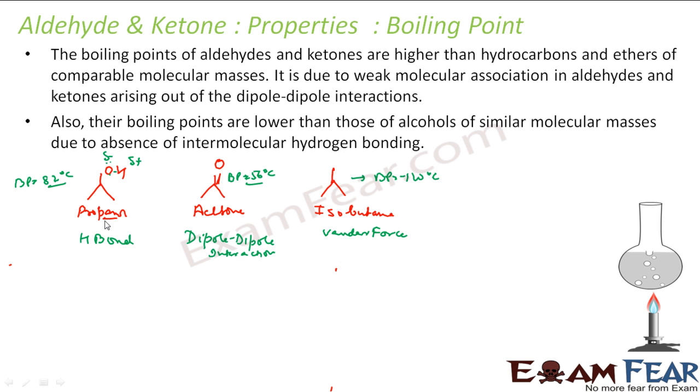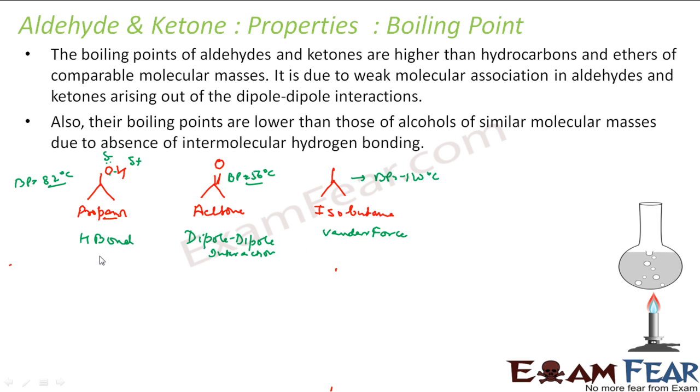this one has hydrogen bonding, and we have studied this. If you don't know, you can watch my previous chapter where we discussed all the intermolecular forces: dipole-dipole force, London force, hydrogen bond, van der Waals force, and which force is stronger. Here I just tell you that hydrogen bond is the strongest, then the dipole-dipole interaction, and then van der Waals force out of these three.